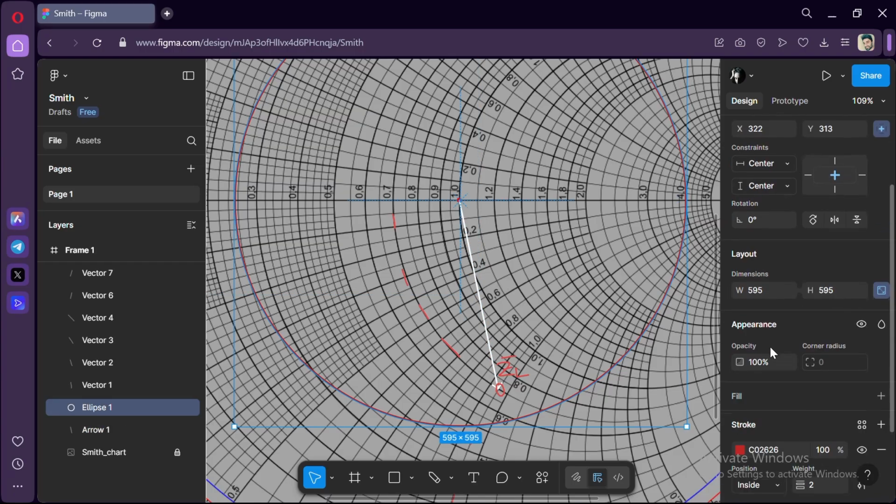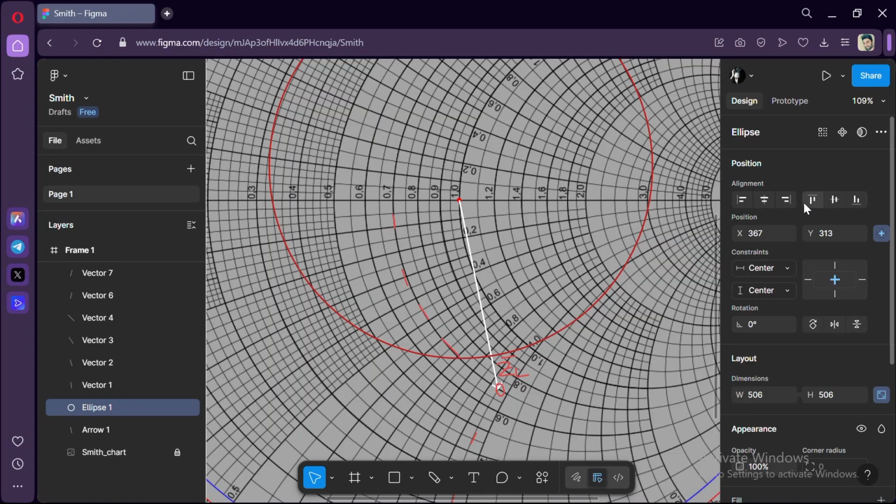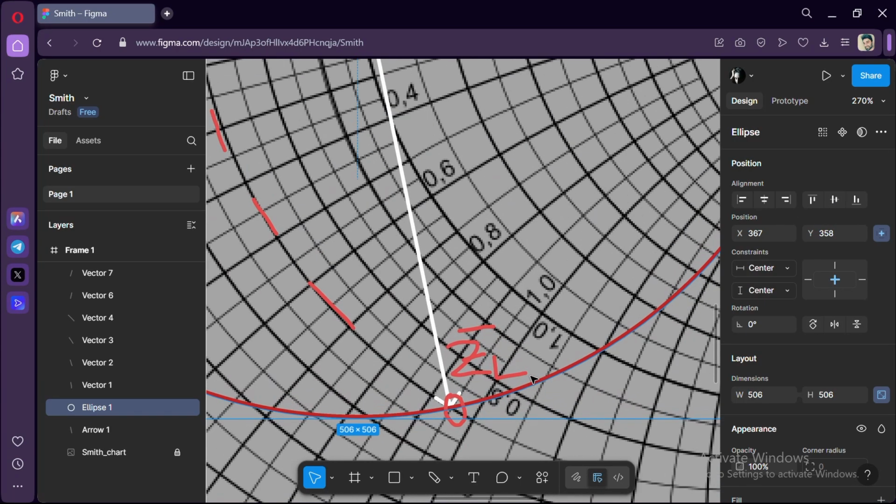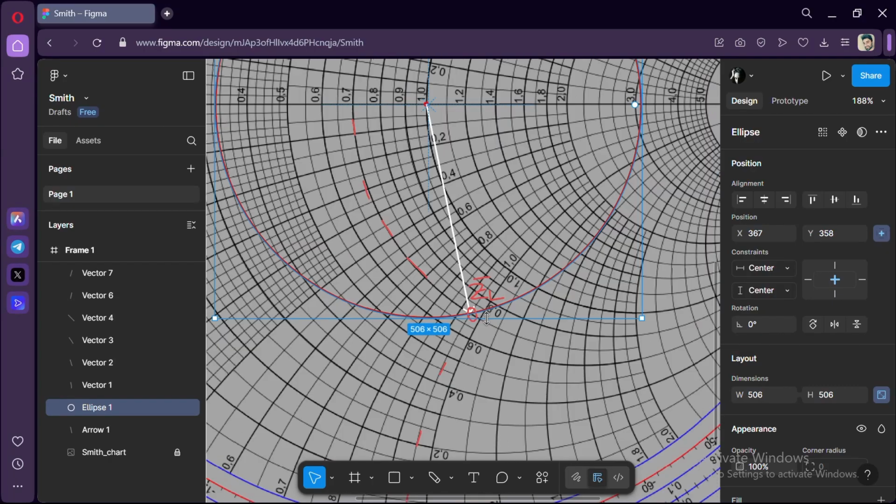The diameter of the circle is 506, right? Also, we need to center the circle. Now, as you can see, it is passing through this point. Now it's fine.